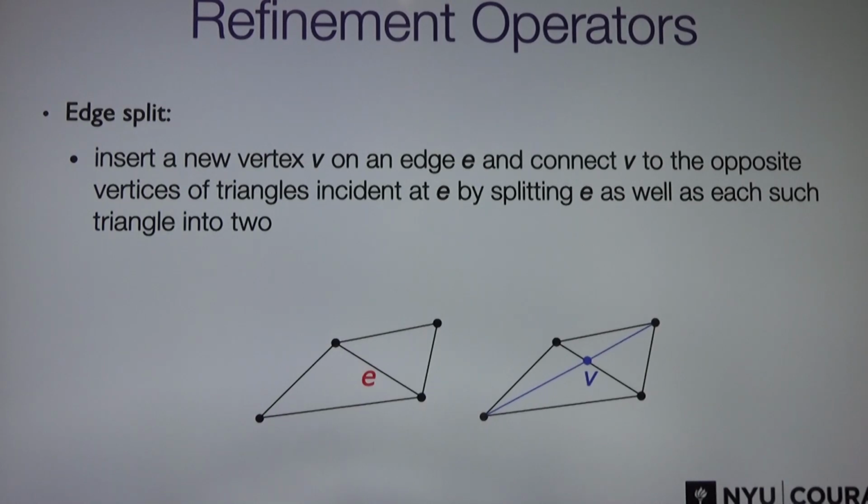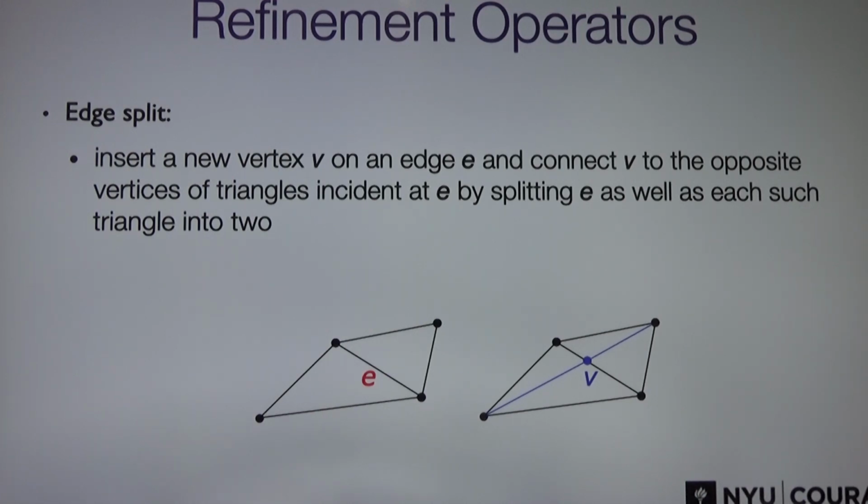Another example would be splitting the edge. So here I have this edge E and I split it in half along one of the directions, and I insert a vertex and two more edges and connect it to the opposite vertices of the triangle. This would of course split this triangle in two.